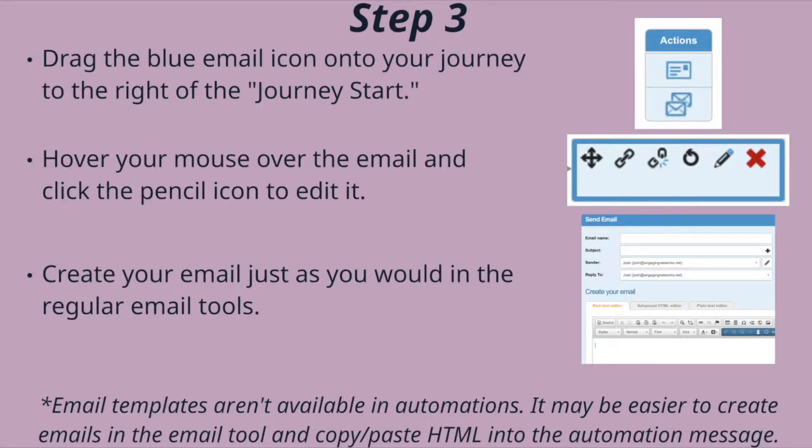That's where all of my templates are available. That's where my existing emails are if I want to duplicate an existing email. I set them all up and then I just copy the HTML and paste it into my new marketing automation email. Unfortunately, the email templates that you use in the regular email tool are not available in marketing automation.